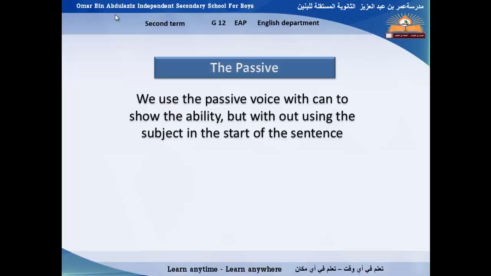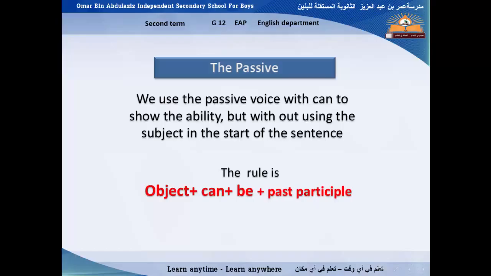If we want to use the word can in the passive voice for the present simple, we have a certain rule, and the rule is to start firstly with the object. So what's the object?